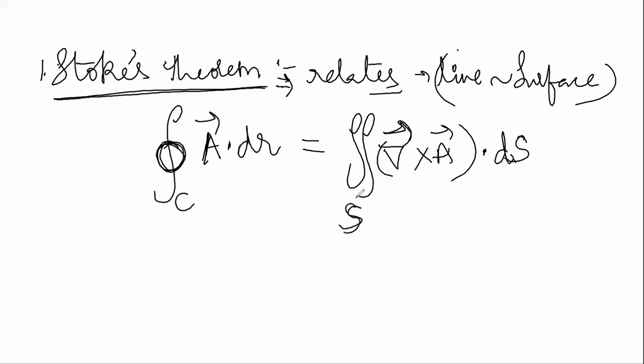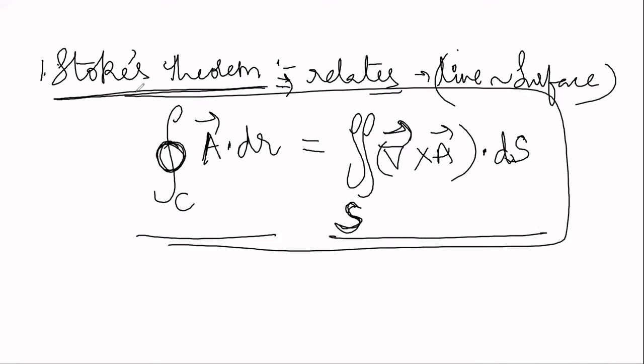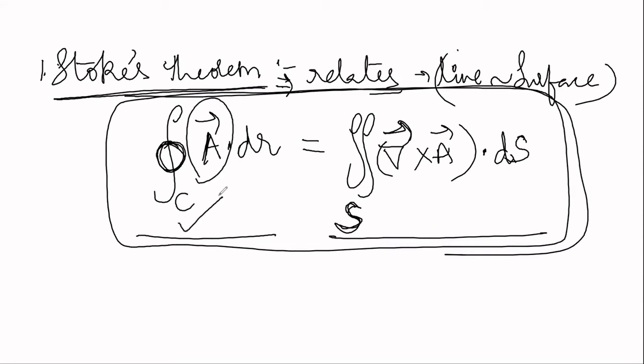Okay, surrounded by the closed curve means we are relating line integral to the surface integral here. You have to remember this statement. What is the statement? The line integral of vector field A bar along a closed curve C is equal to the surface integral of curl of a vector field along the surface enclosed by curve C.